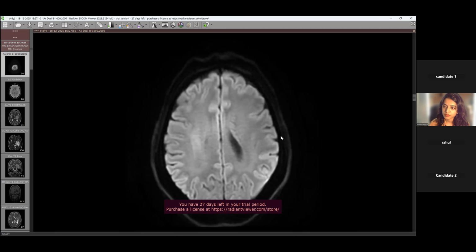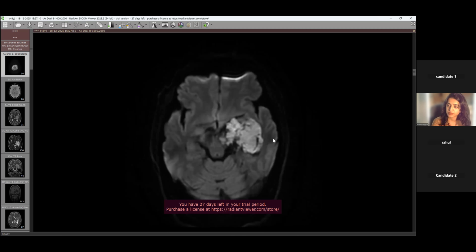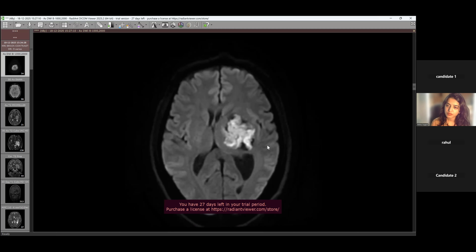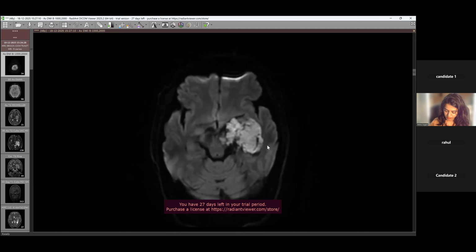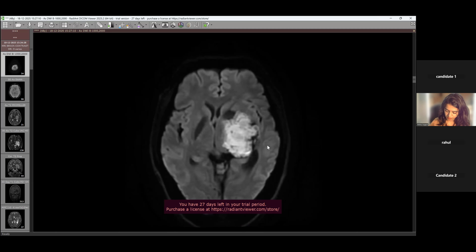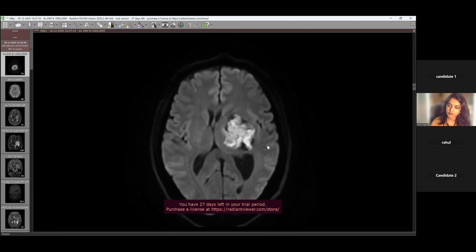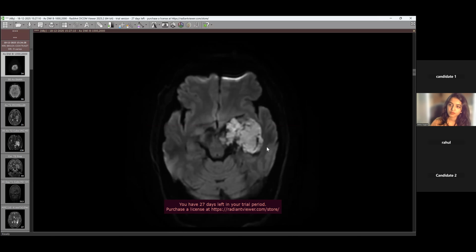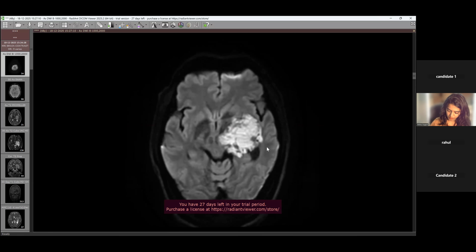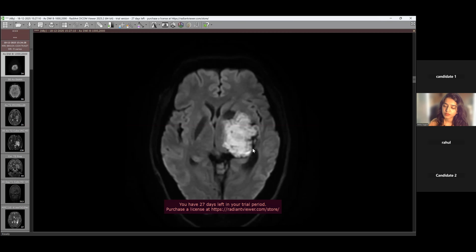There is a large lobulated mass-like lesion. Okay, let me just scroll once. It is epicentered in the left temporal region. It is extending superiorly to the periventricular region, also involving the basal ganglia, and inferiorly it is extending down to cause mass effect on the brain stem.